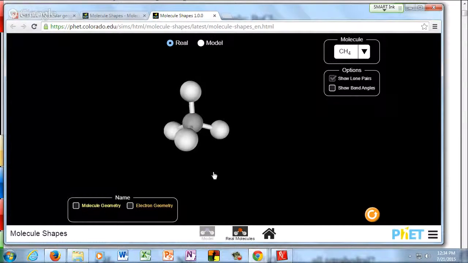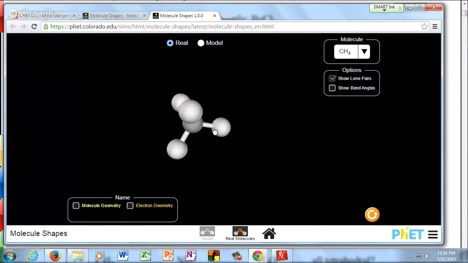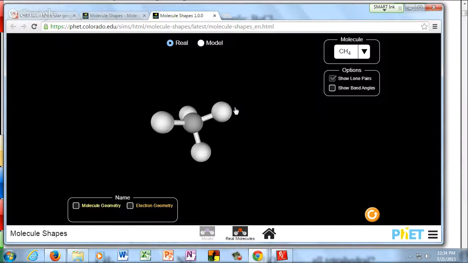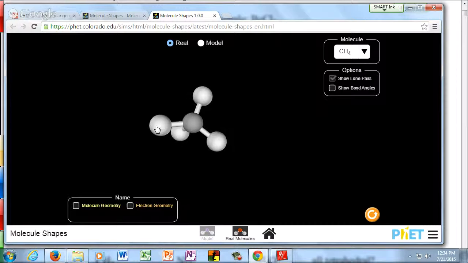But we draw them kind of like this so we don't get confused about missing one. But that's what that 3-dimensional shape looks like. The corners of a tetrahedron. And they kind of repel each other again. It's kind of fun. And that's called tetrahedral.